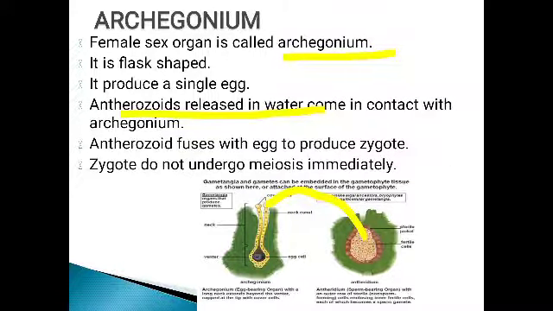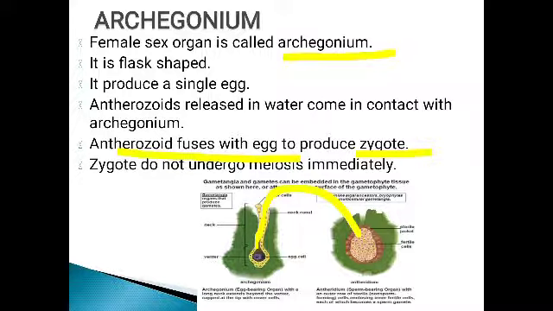Once it comes in contact with the archegonium, you can see here, an opening is there in this region. Through that the male gamete will be entering inside the archegonium and it reaches the basal part of the archegonium where the egg is present. And this antherozoid will fuse with the egg and now it produces a zygote.